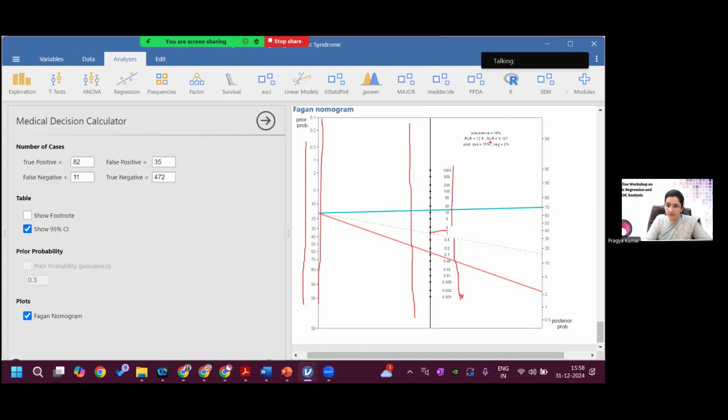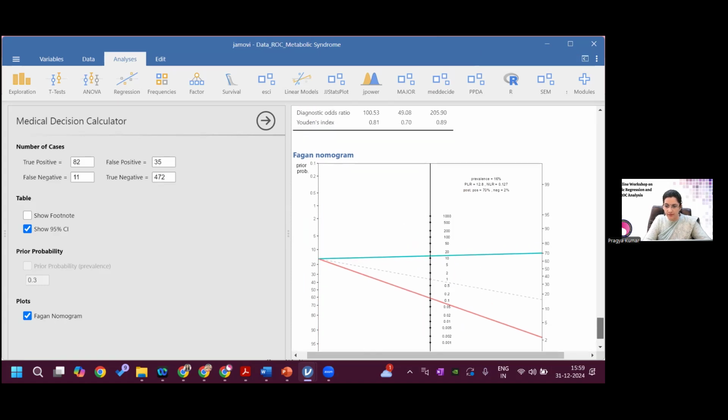How does it do this? It gives you the value also, but we have learned that it draws a line. So what is the post-test probability of positivity, using this positive likelihood ratio? In this green line, the prevalence is 16%.